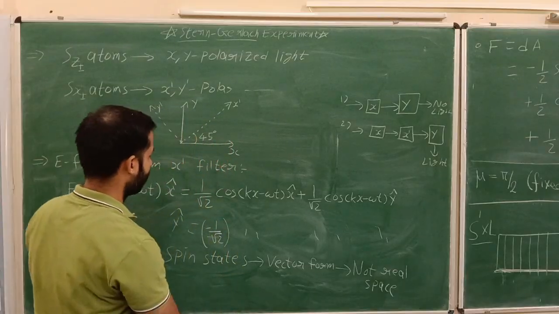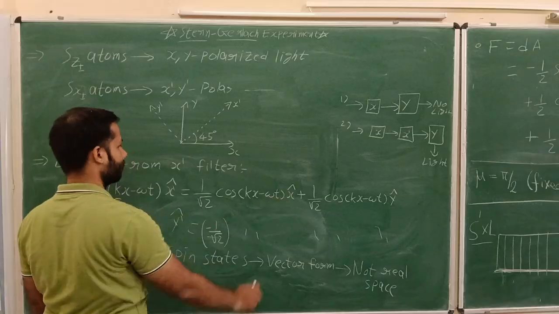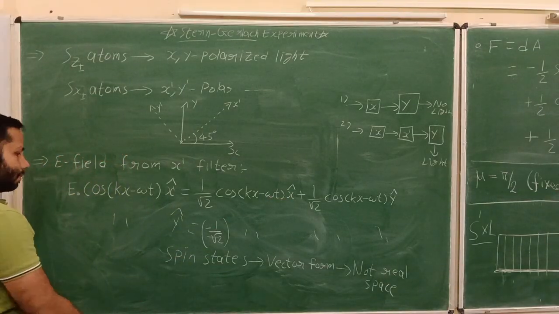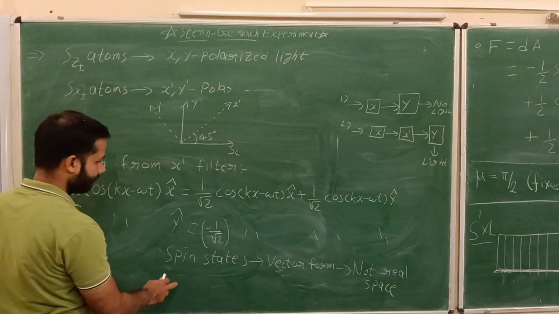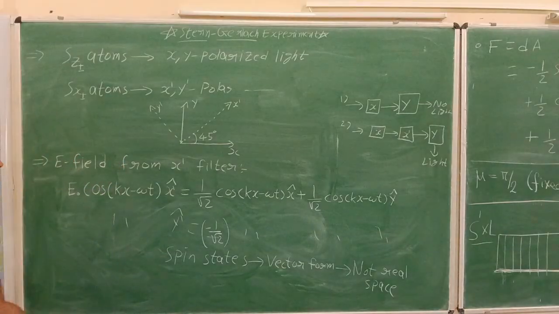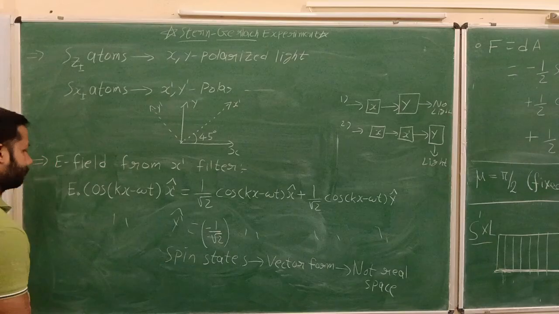For light, we are writing them as linear combinations in real space. These are real space coordinates and vectors in real space. But it is possible that we will not be able to write the spin states in real space, and it will be some different dedicated spin state vector space.